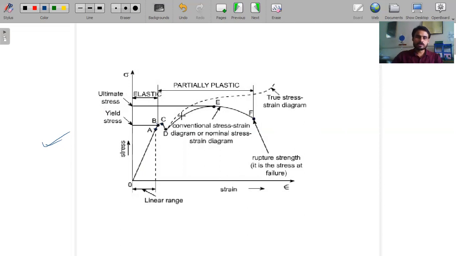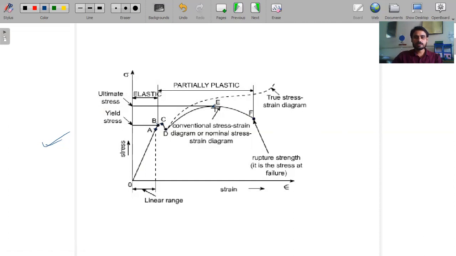From D to E, there is strain hardening. It is called strain hardening because at a very small magnitude of load, the strain in the material changes very rapidly, due to molecular changes inside the material. And that is the ultimate point, the ultimate strength that mild steel can bear.